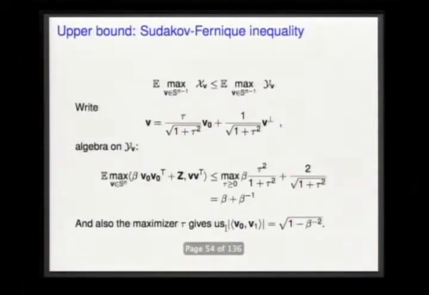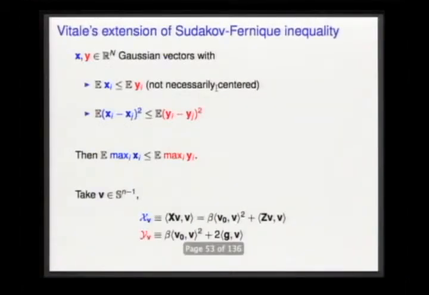And the consequence is that the expectation of the maximum of x index v, where x index v is the value of the problem for each unknown vector v, is upper bounded by the expectation of the supremum over vectors v of this quantity.